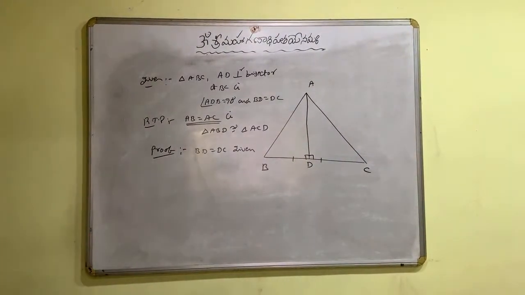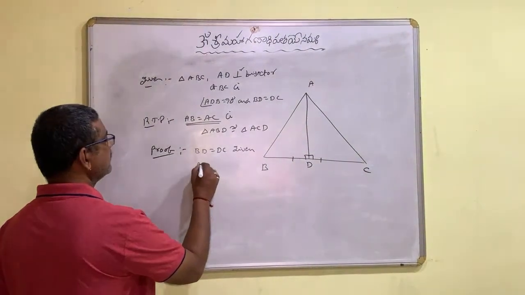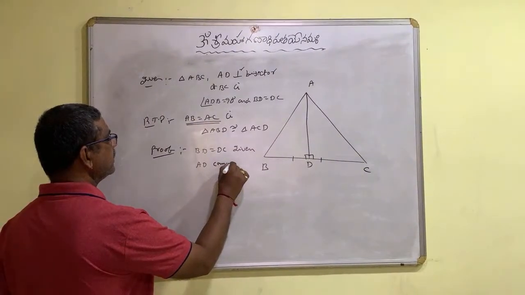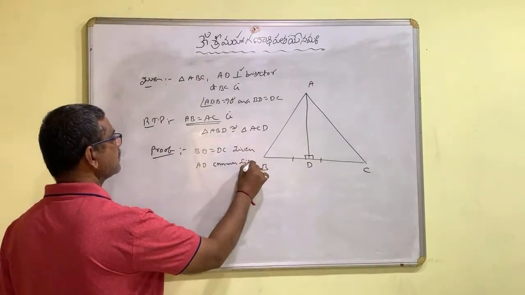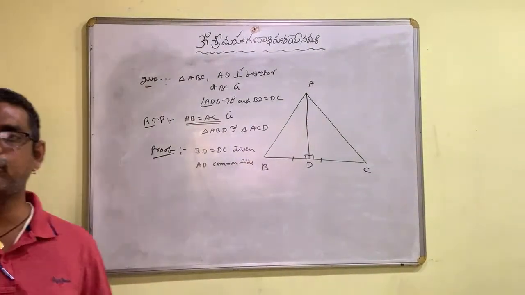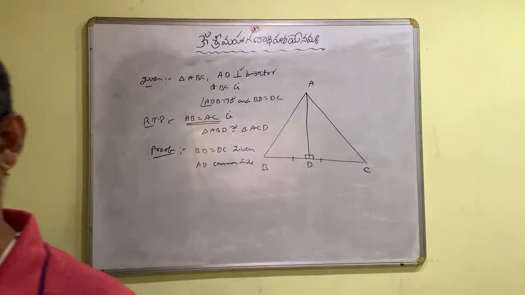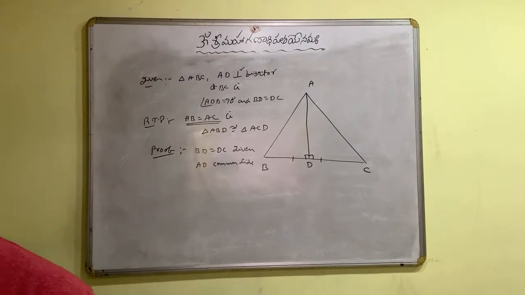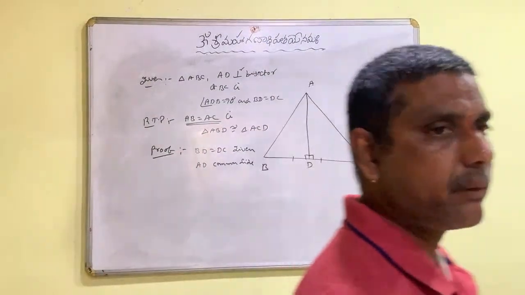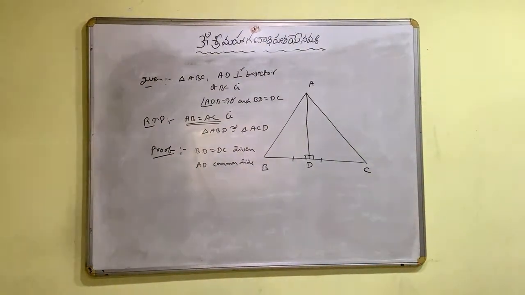Very good, Ankit. AD common side. Sanat, we have to prove AB equal to AC, you cannot take it. Yes, AD common side, right. What else? The third part is needed, na?